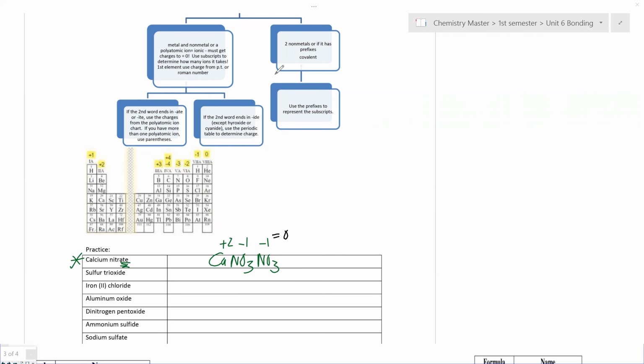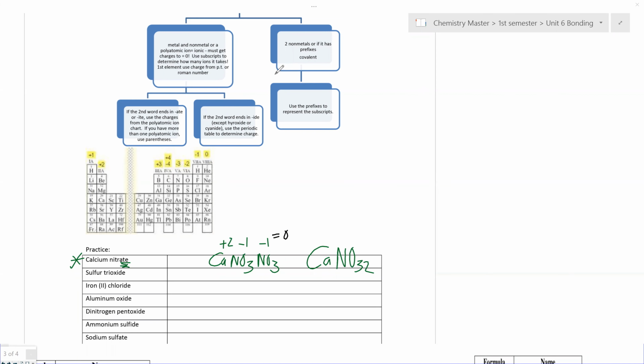Fantastic. So that tells me that when I get ready to write my final answer, I have a calcium and 2 nitrates. So I can just write NO3 and then 2 like that. Joe said you've got to put parentheses, exactly. Without them this looks like N with 32 oxygens.